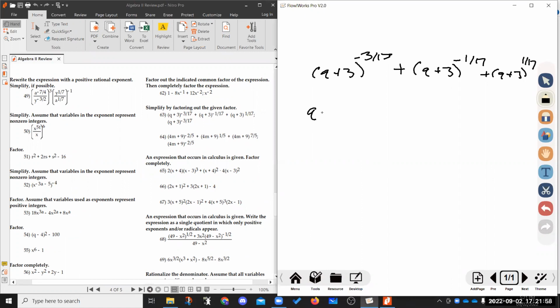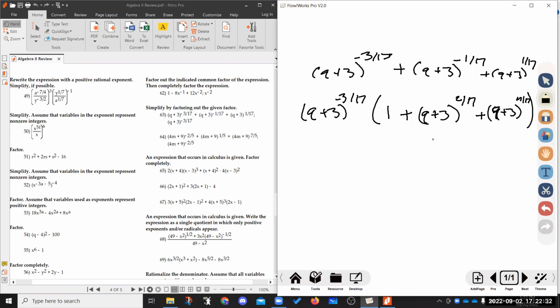So (q+3)^(-3/17) is going to be 1 plus (q+3) to the positive 2 over 17 plus (q+3) to the 1 minus negative 3, which is 4 over 17.